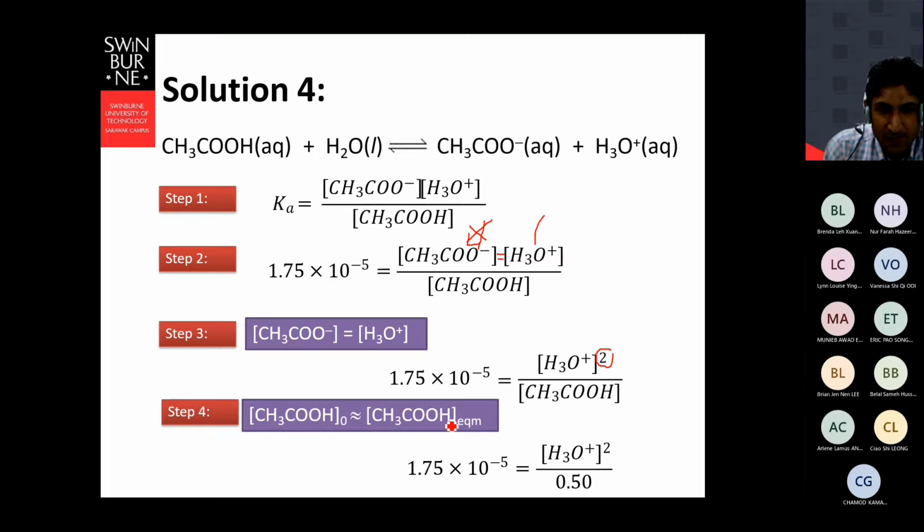We started with 0.5 molar of acetic acid, and since it is a weak acid, it does not dissociate fully. Such a small amount is dissociated that we can consider basically that nothing has been dissociated, so it is still 0.5 molar. That is why we are putting 0.5 molar here, which came from the question.